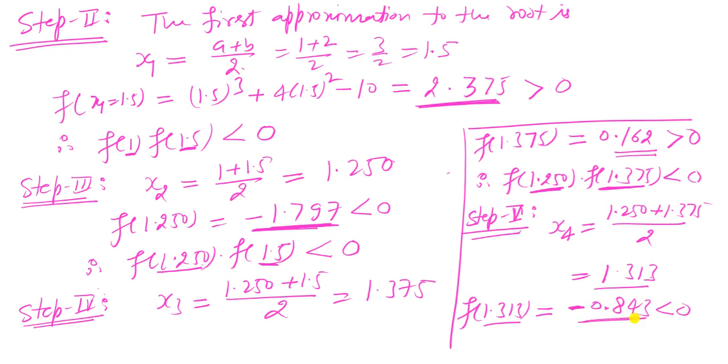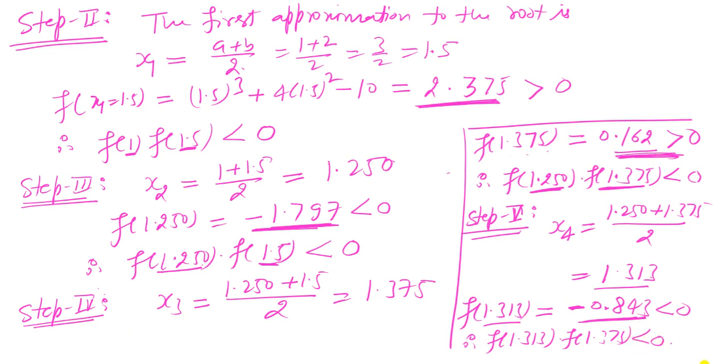This functional value is negative and in step 4 this functional value is positive. So the root is lying between 1.313 and 1.375. So therefore f(1.313) into f(1.375) is less than 0.